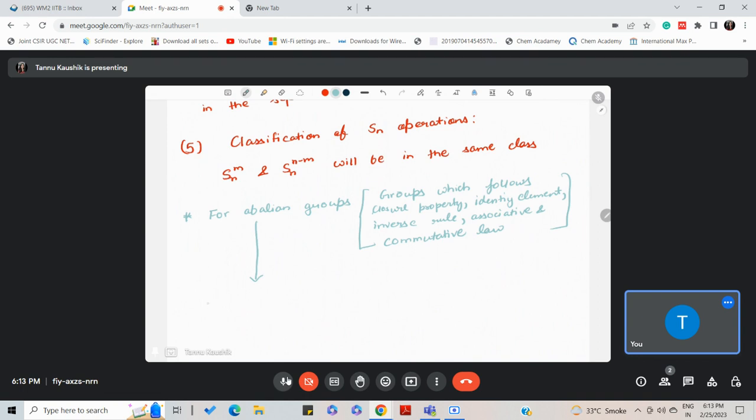So for these groups, these rules for classification of operations will not be applied.